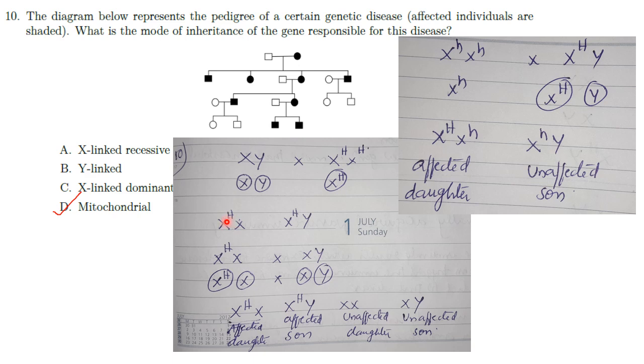Since we are thinking that it is X-linked dominant, naturally this individual will be affected. So she is married to a male who is not affected. So this is the cross and you will get affected daughters, affected son, unaffected daughter, unaffected son. But that is not the case over here. You get all the offsprings of this particular female affected.